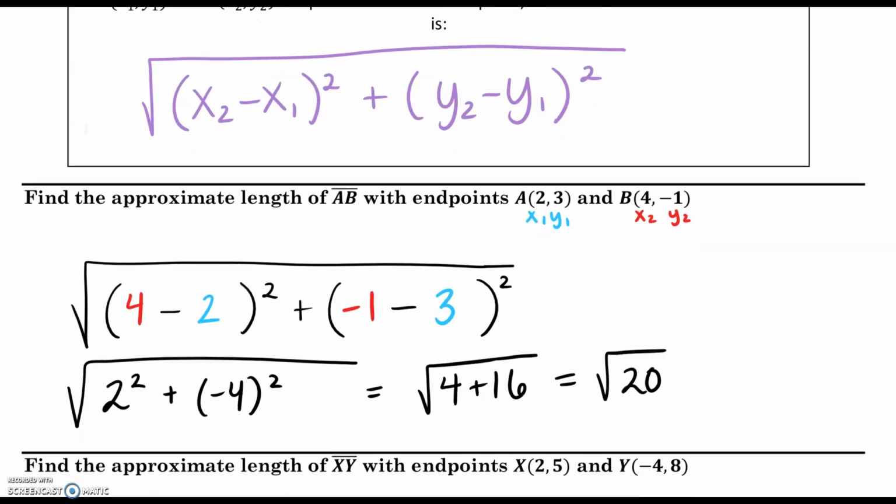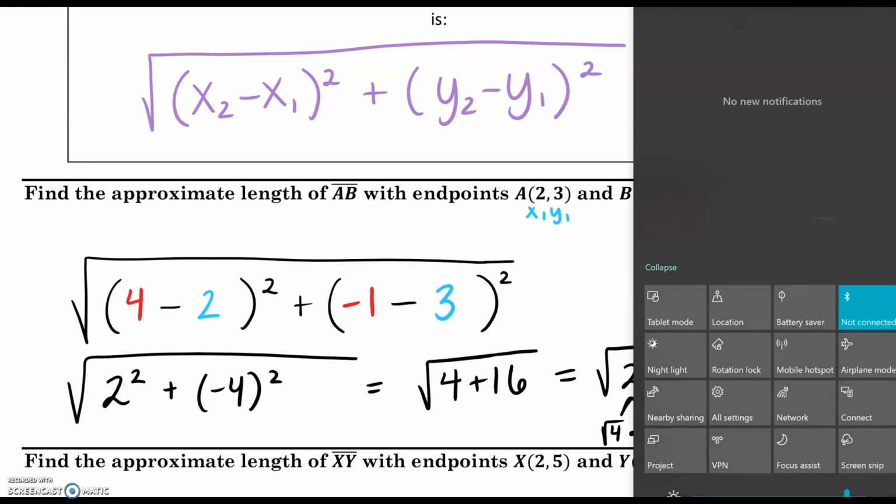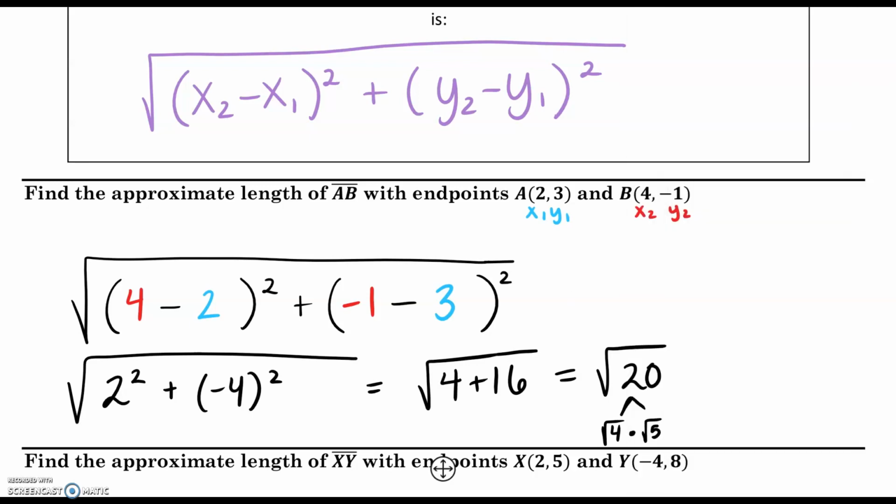So our distance is the square root of 20. However, we can simplify this radical. We can break it up into the square root of 4 times the square root of 5. We know that the square root of 4 is 2. And we can't simplify the square root of 5 any further. So our length is 2 radical 5.